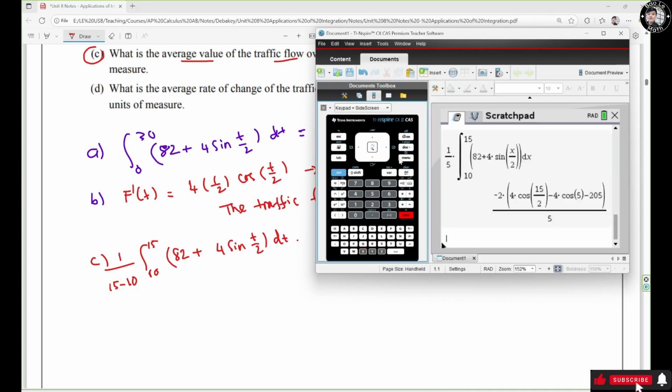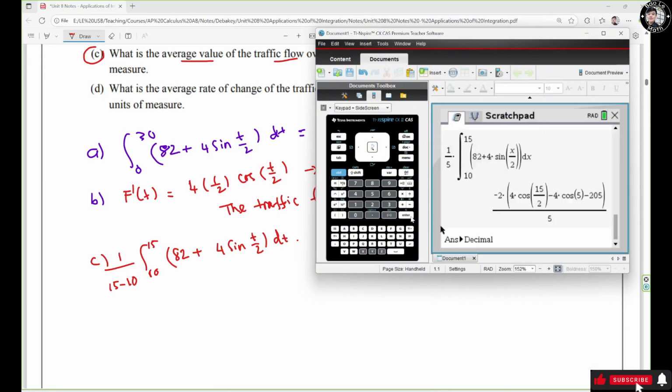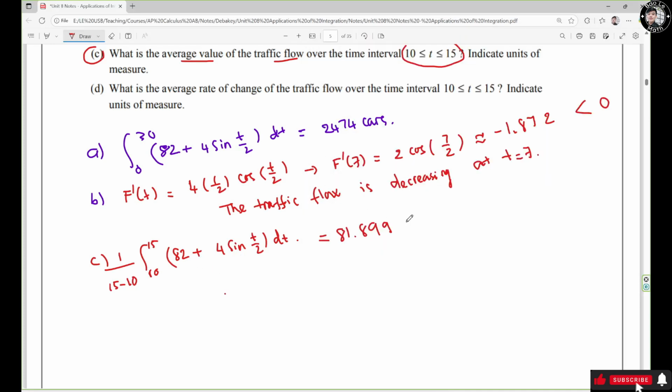Hit enter. Now convert this one to decimal. It's going to be 81.899. The units right here should be cars per minute.